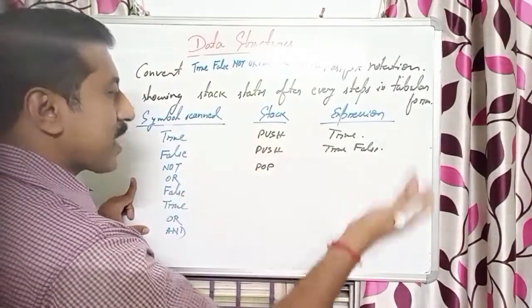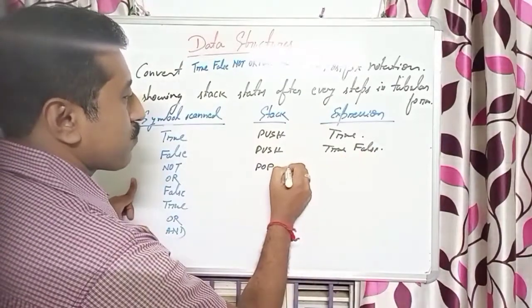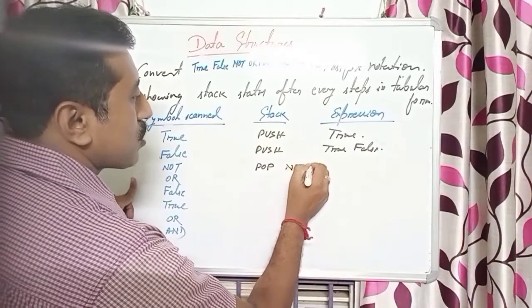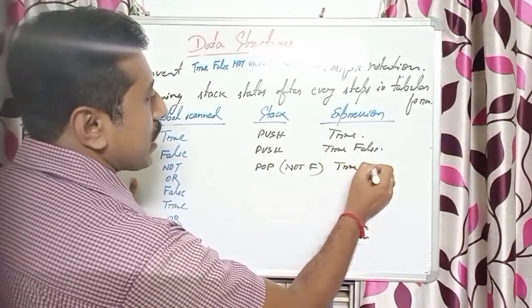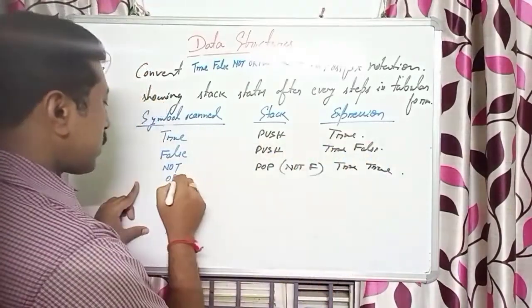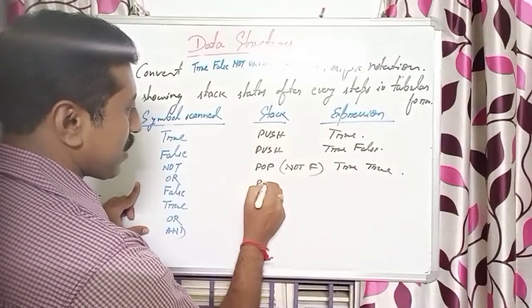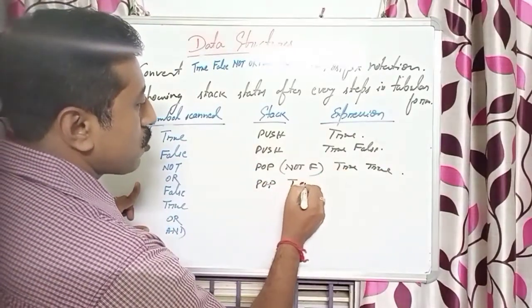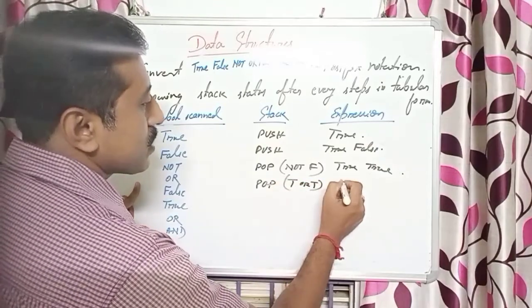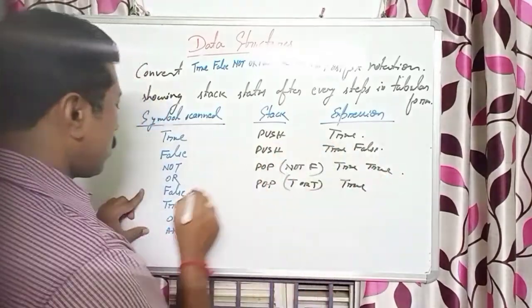Not means not of the last value, that means not false, so the value will be true, and true. Then the OR operator is given, that means pop. True or true means the value will be true.